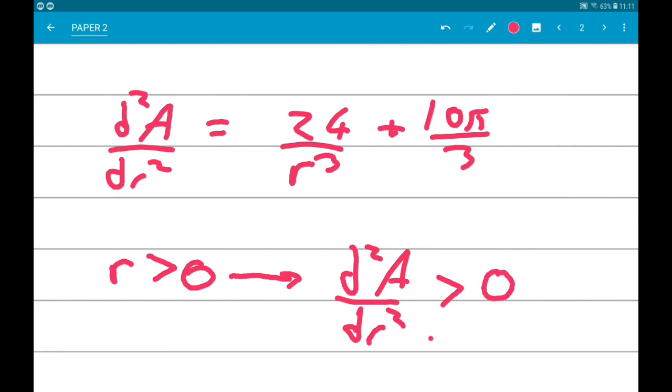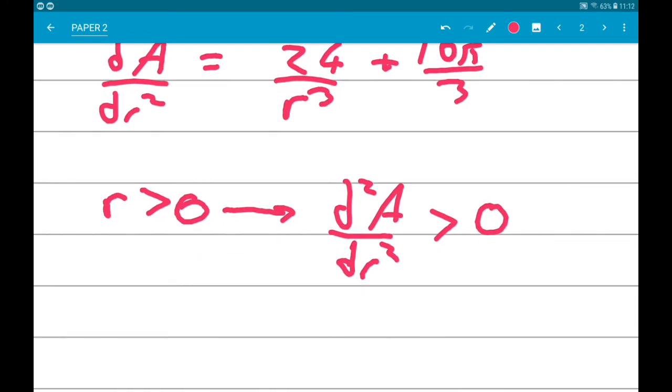Therefore, r as 1.05 does indeed give us a minimum.